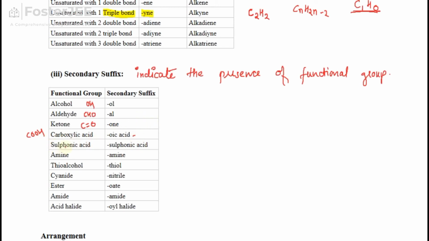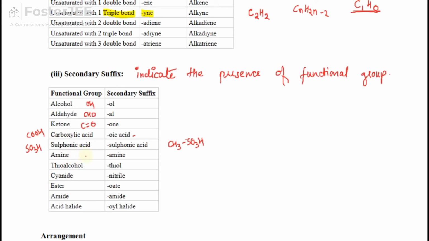And if the functional group is sulfonic acid, that is the SO3H group, then the suffix used will be sulfonic acid. For example, CH3SO3H, this is methyl sulfonic acid. Now, amine.